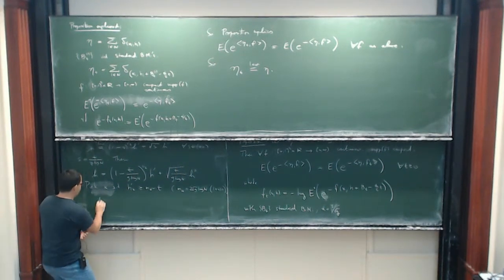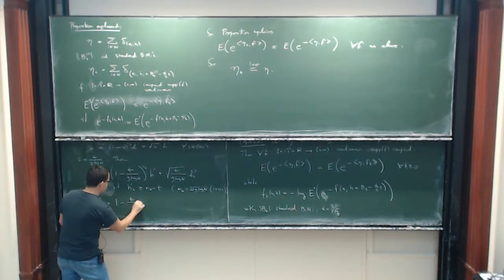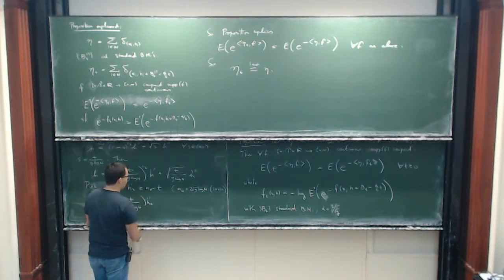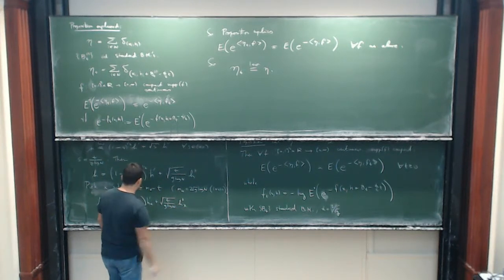Then I expand, so h(x) is 1 minus this, giving me 1 minus t over 2 g log n times h prime of x plus t over g log n times h double prime of x.